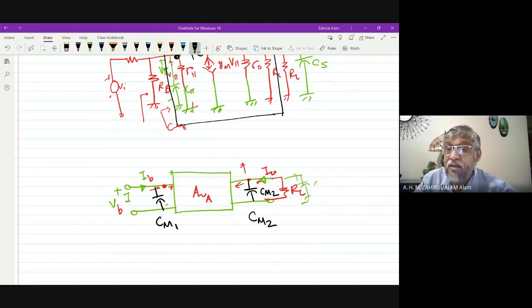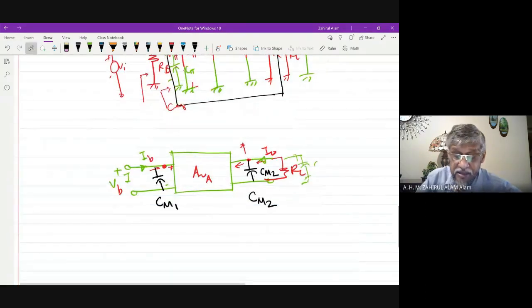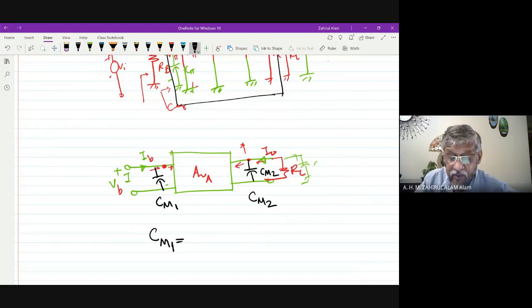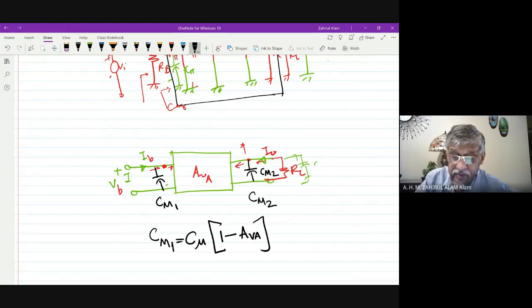But we don't go through the details of Miller's theorem, but we can write the relationship between CM1 and C mu. CM1 is C mu times 1 minus AVA, where AVA is equal to V naught over VB.